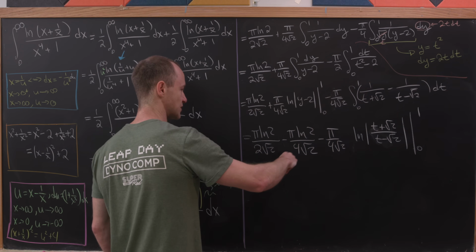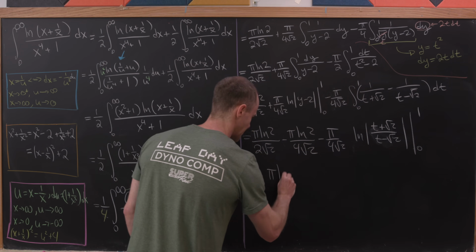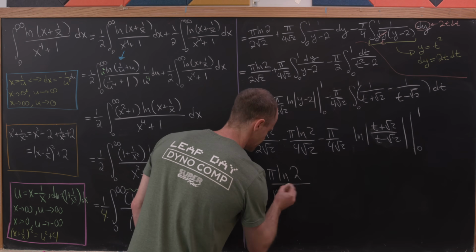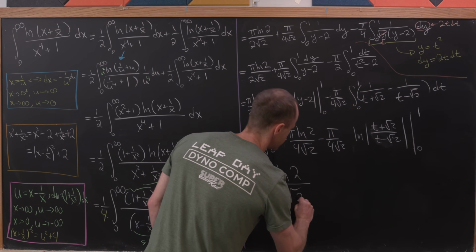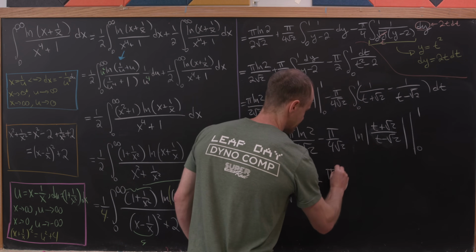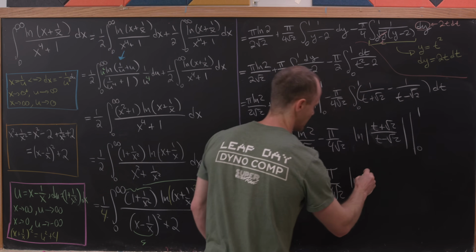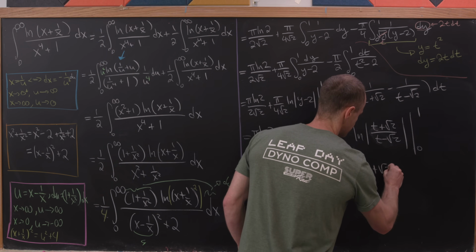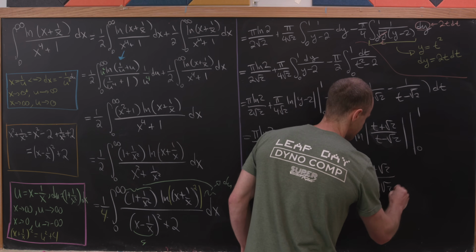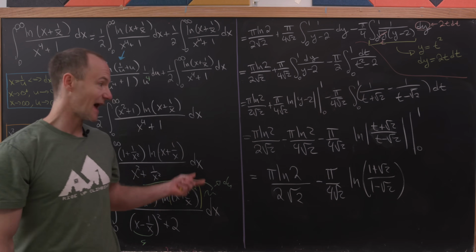So these two terms are fairly similar, so we can put them together into a 2 log 2 over 2 root 2. And then we have minus pi over 4 root 2, and then that's going to be the log of 1 plus root 2 over 1 minus root 2. And I guess that is a number.